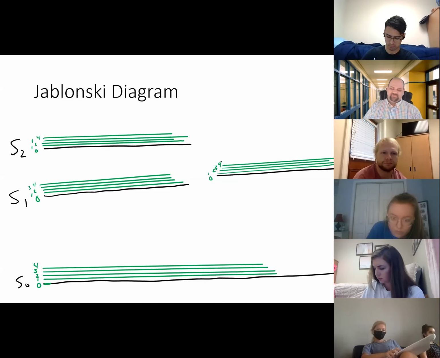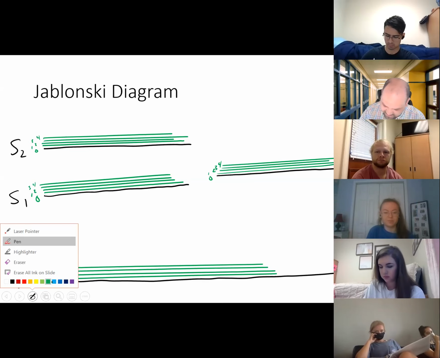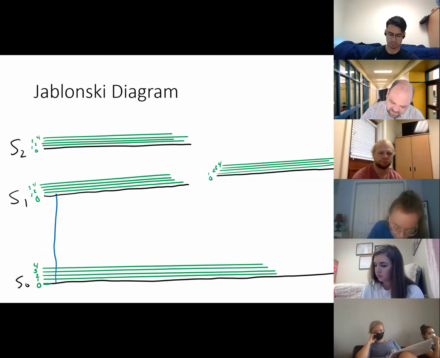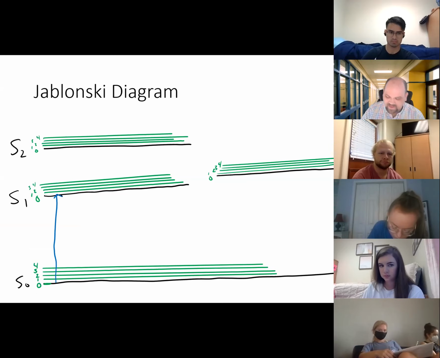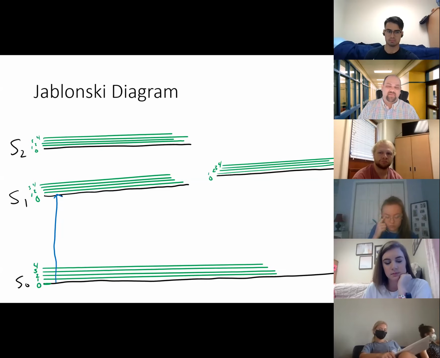These energy levels exist in every molecule, even if they're not populated. They still exist based on the electronic structure of a particular molecule. And so we have different transitions. The first transition is from S0 up to S1. And I'm going to draw in a couple of these because at room temperature, it's very unlikely for all of the molecules to be in the lowest vibrational energy state.